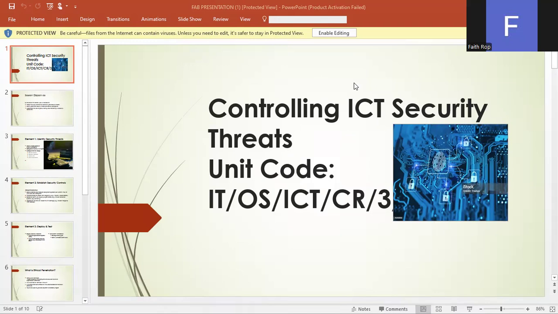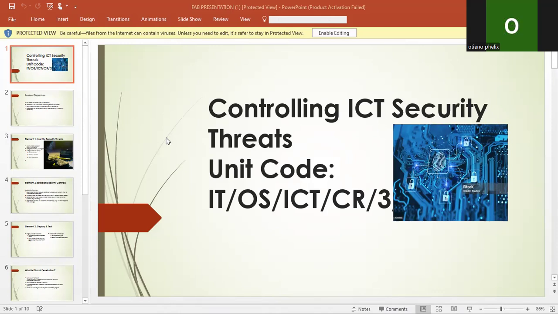Let's continue. So basically, from the topic, what is an ICT security threat? From general knowledge, you can tell us what it is. Okay, well, what is it, Mr. Fred? Can I give it a try?